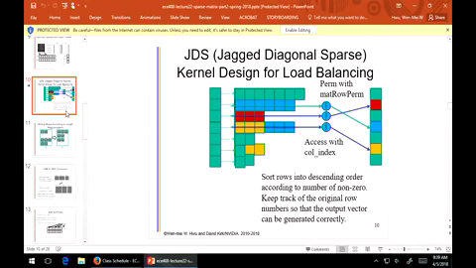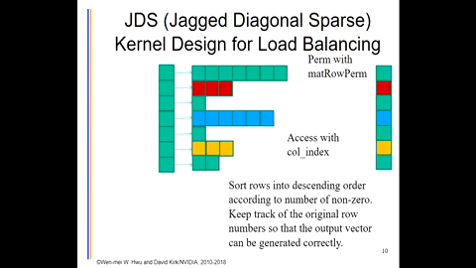So let's do a very, very quick review of what the jagged diagonal sparse kernel is about. Remember, we already covered this one last time. We have these rows of the sparse matrix, and these rows can vary quite significantly in length.